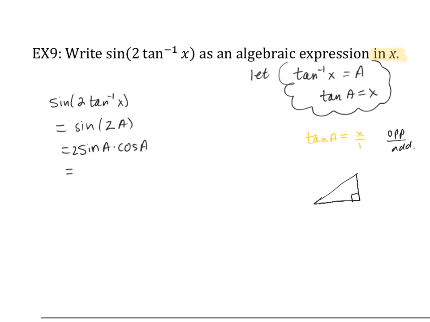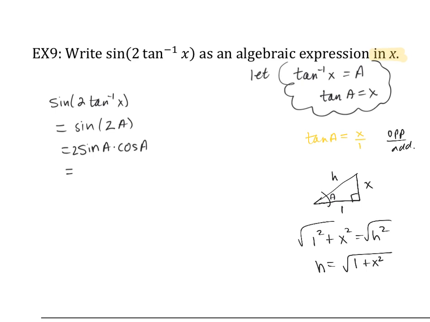Here's my little angle A. Opposite is x, adjacent is 1. I need sine, so let's use the Pythagorean theorem and figure out our hypotenuse. We have 1 squared plus x squared is equal to hypotenuse squared. Hypotenuse is always positive, so h is the square root of 1 plus x squared.